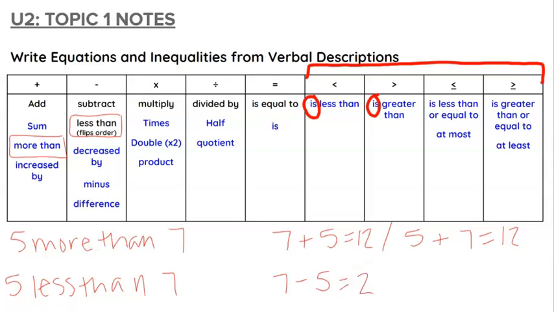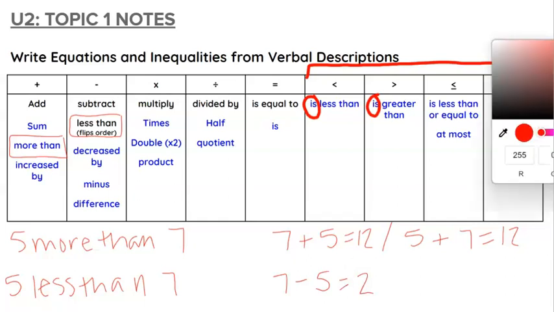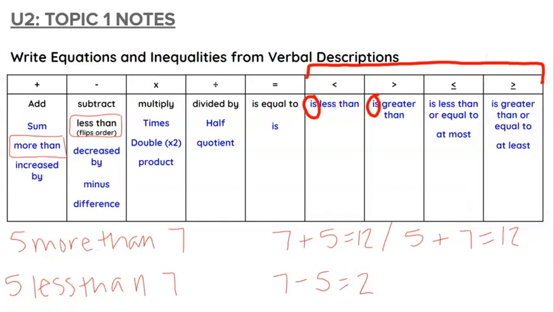But we can't write that the other way, because if we try to do 5 take away 7, that does not give us the same answer. That's going to give us -2, and that's not the same thing as 7 take away 5. So that's why there's that little "flips order" underneath less than. That's usually the one that trips up students more often than not, so I want to make sure that we understand its meaning.